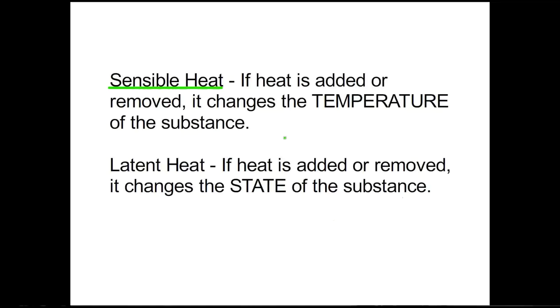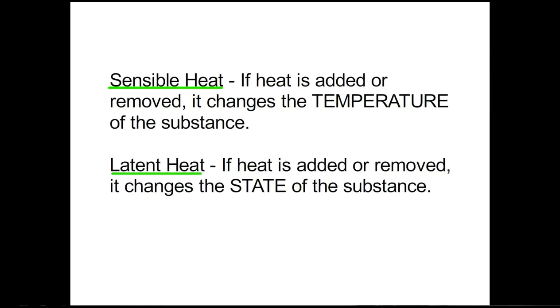And then we have latent heat, and latent means hidden, and that's heat that cannot be measured by a thermometer. If we use water as the example in the textbook, when you start with a 75-degree pan of water and put it on the 500-degree stove, it starts to increase in temperature. And if you have a thermometer in there, it's going to show that temperature increase. That's the sensible heat.